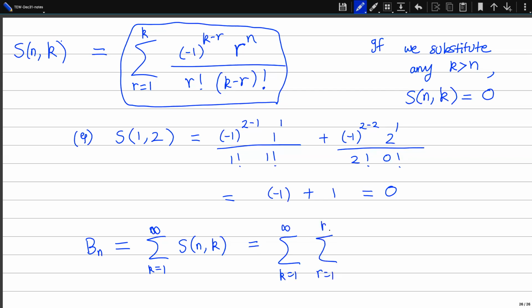R goes from 1 to k, of (-1)^(k-r) r^n over r factorial (k-r) factorial. And how should we sum this? Any suggestions on what I could do to find this sum?